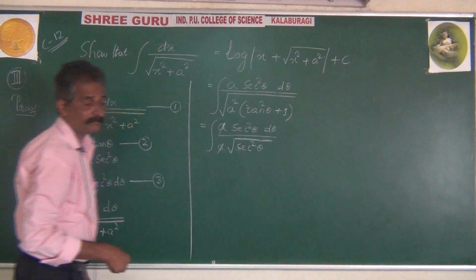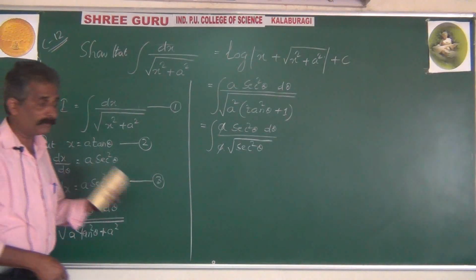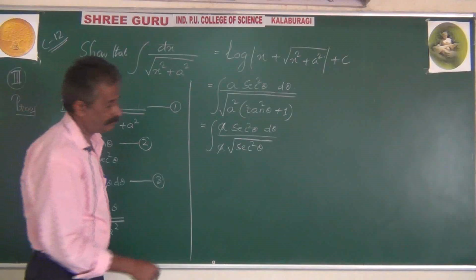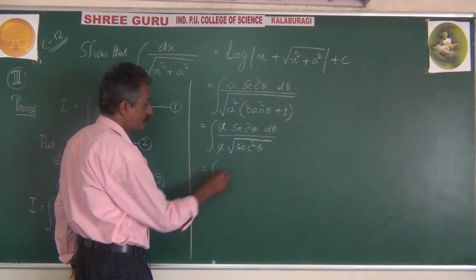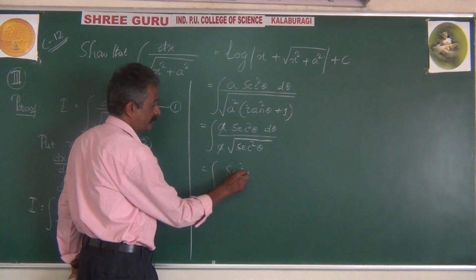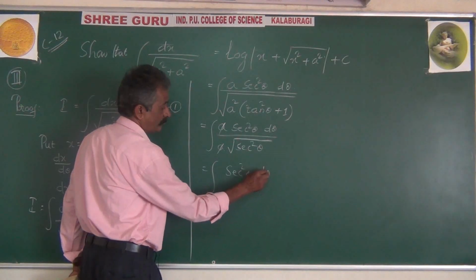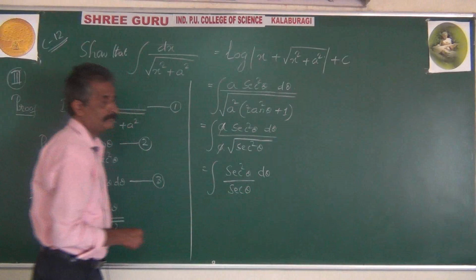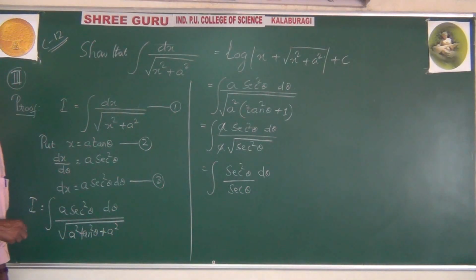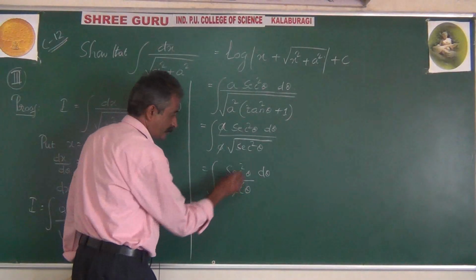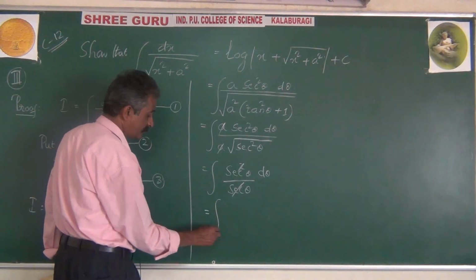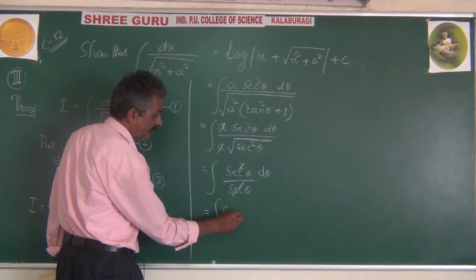A cancels, and root of secant square theta is only secant theta. That is integration of secant square theta by secant theta. Secant theta will cancel. Left is only integration of secant theta.